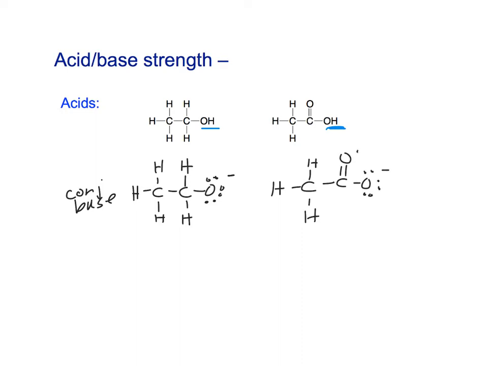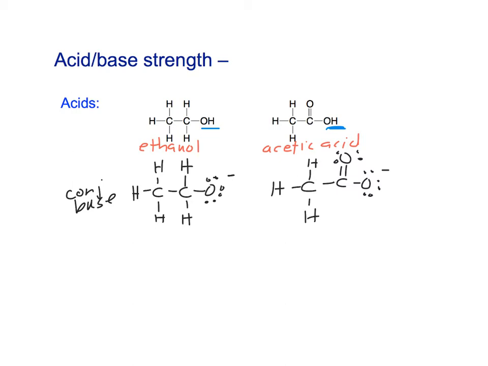So minus here, this also has 3 non-bonding pairs over there. And this molecule is ethanol. And this molecule over here is acetic acid. You know where acetic acid is found? Acetic acid is the acidic component in vinegar.